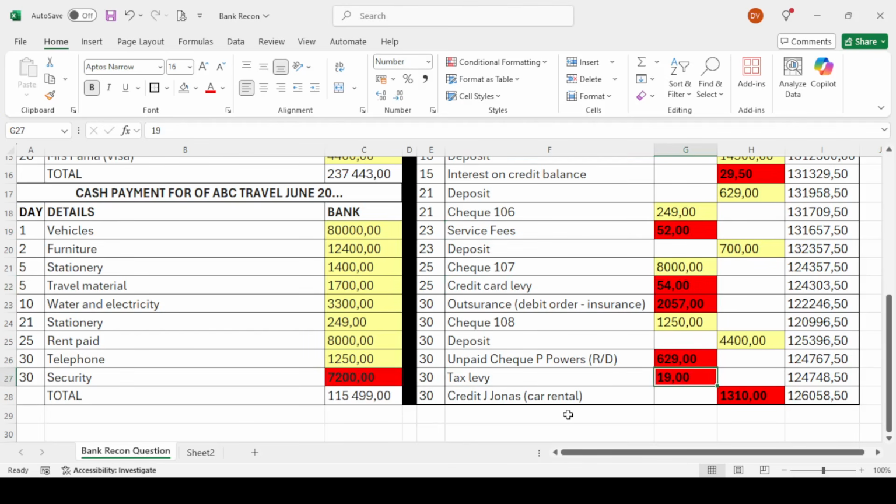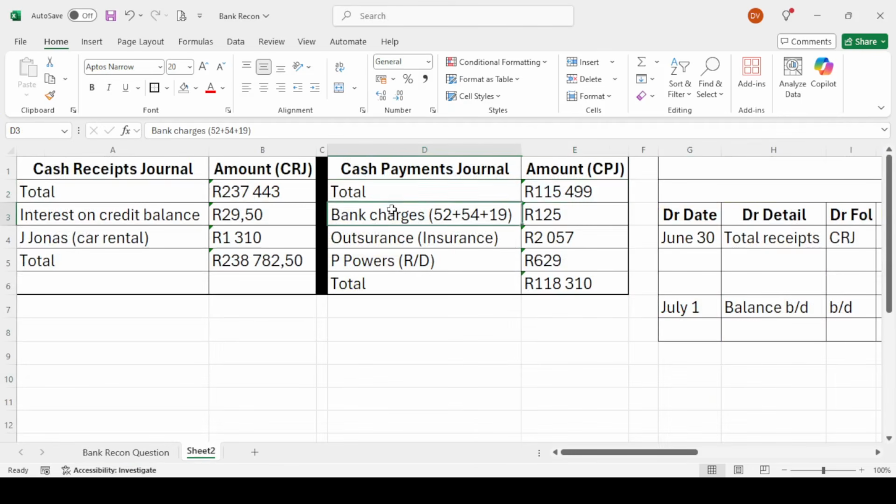You don't want to do those individually because it comes down to the same cost. It's bank charges. So it looks like this, bank charges, and there you go, 52 plus 54 plus 19 gives you 125 Rand.